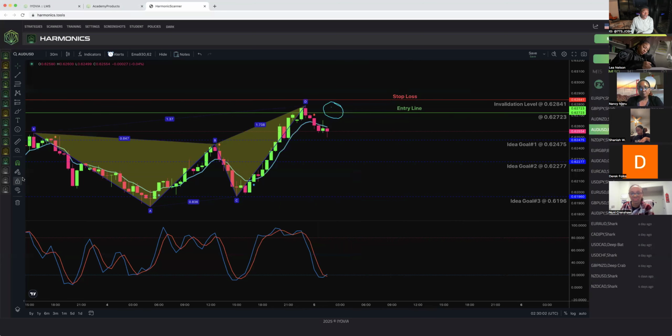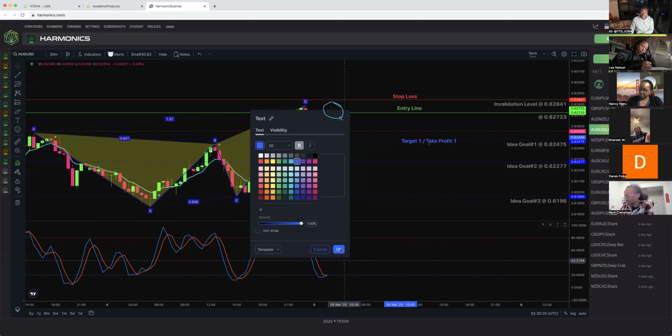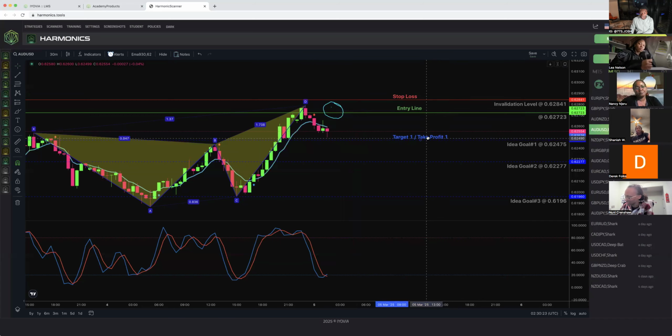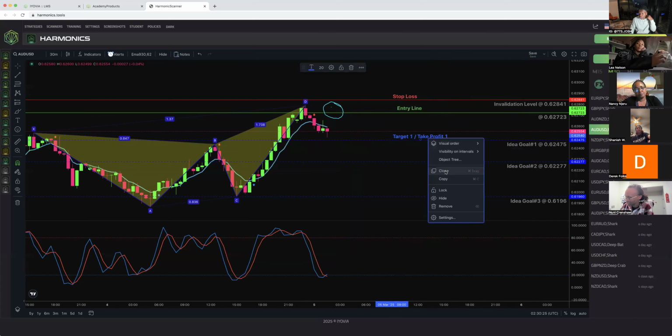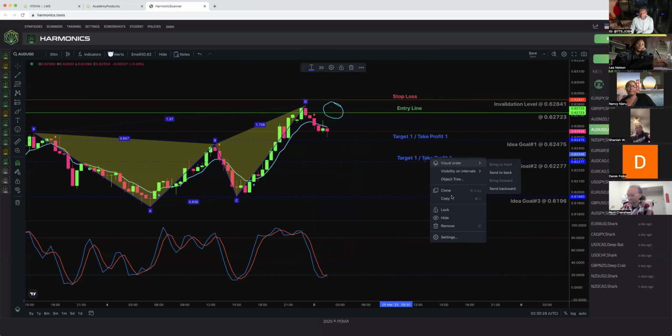Blue lines are the money. So we have one blue line that is target number one, or we call it take profit one, or idea goal, as you can see there. The easier way that I like to look at this is like a bus stop.